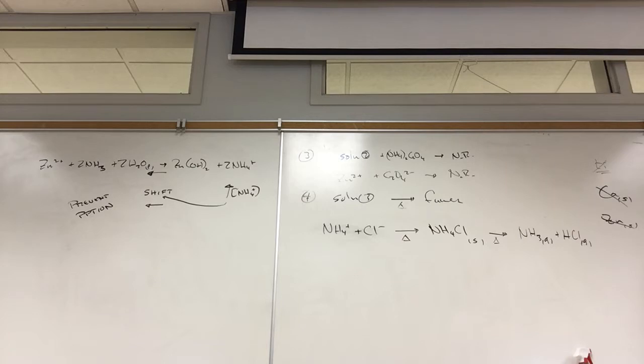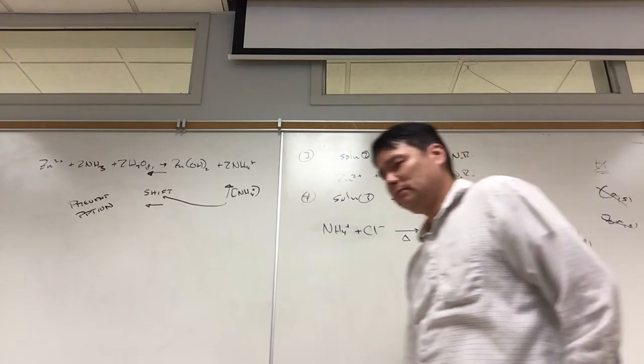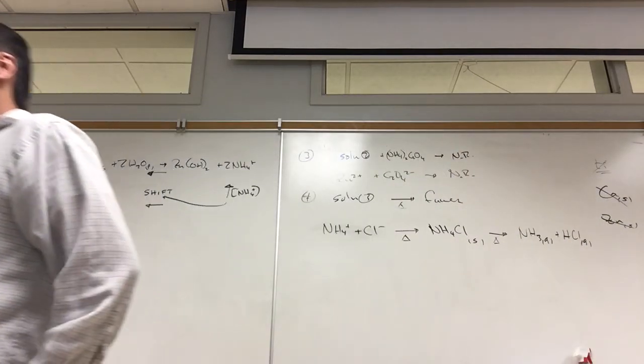Are we adding the nitric acid before this or after this? We add the nitric acid and then evaporate it? You evaporate and then you add the nitric. Okay, that's very important. Why?